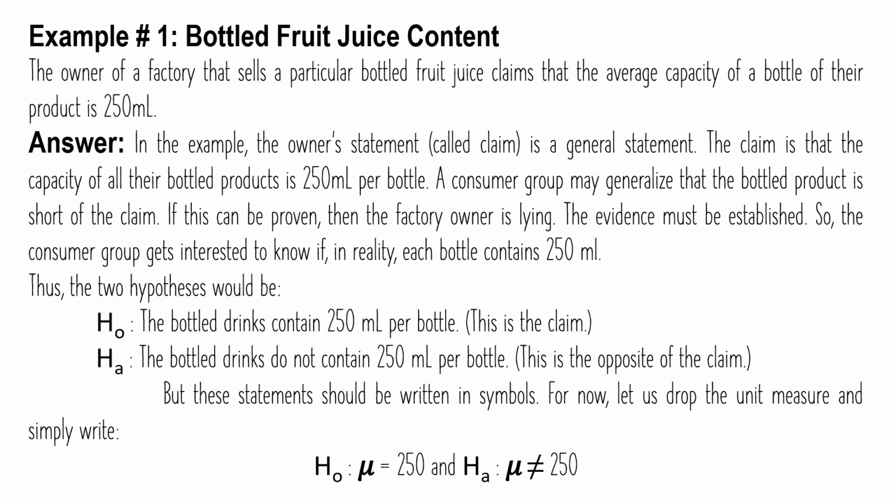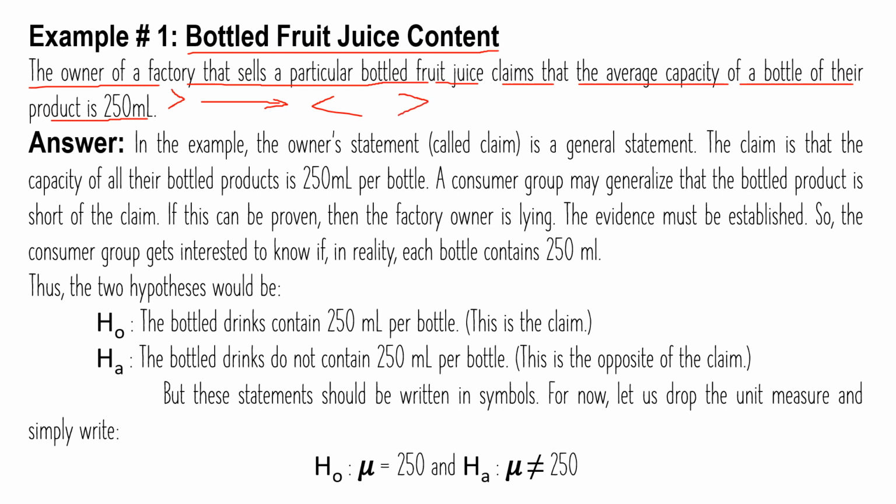So for example, number 1, bottled fruit juice content. The owner of the factory that sells a particular bottled fruit juice claims that the average capacity of a bottle of their product is 250 ml. As you can see in the first problem, there is no keyword mentioned that there is a less than or a greater than portion of this problem.